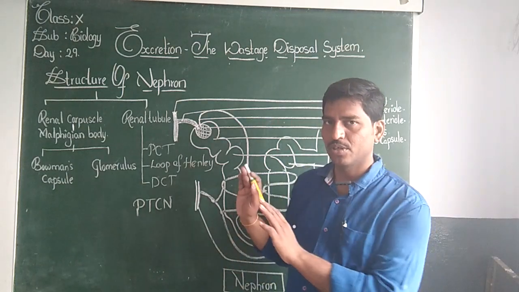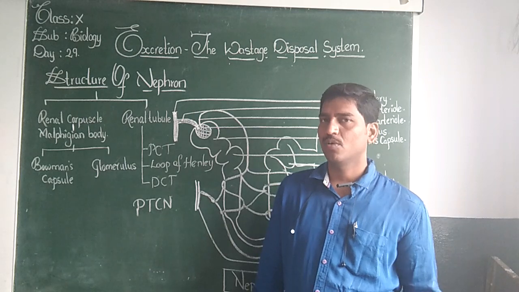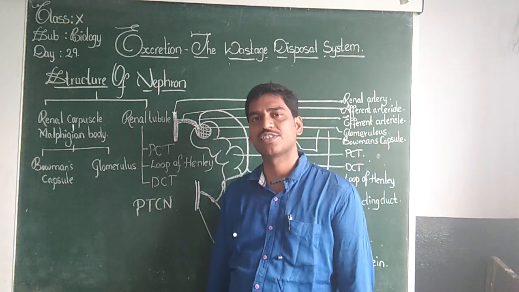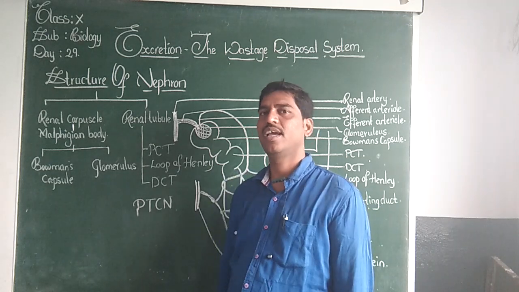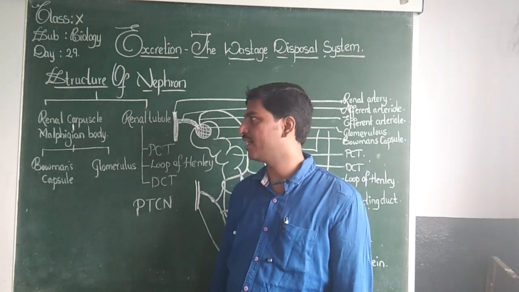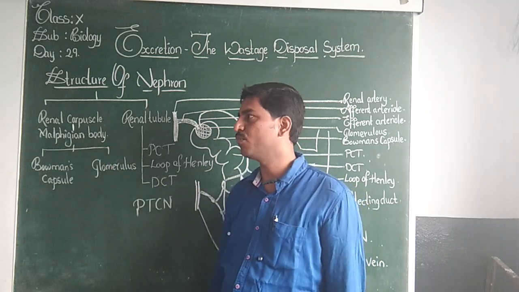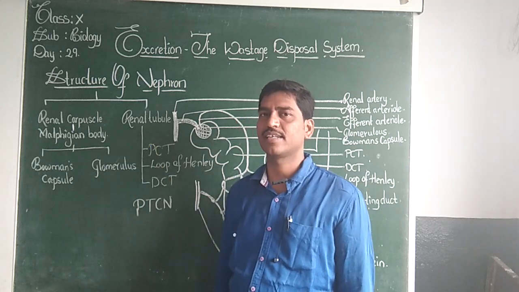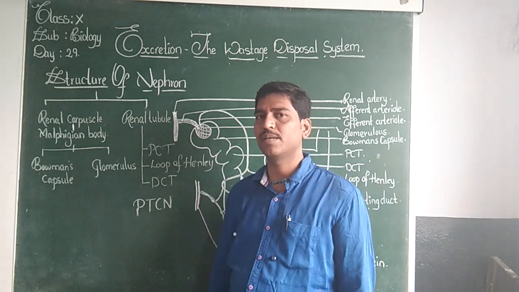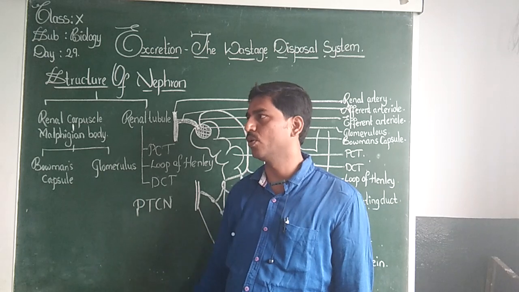So we are looking at the structure of the nephron. What is the first point we have discussed? Nephrons are the structural and functional unit of kidneys. What is the next point? Nephrons are made up of two parts: the first is the Malpighian body and the second is the renal tubule. The Malpighian body is made up of two parts, Bowman's capsule and glomerulus.